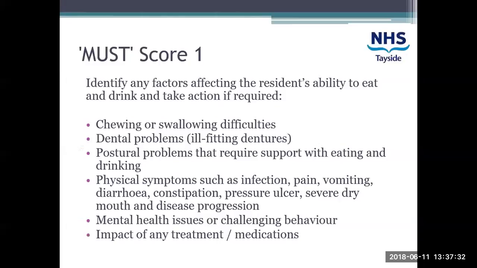Also pressure ulcers, severe dry mouth and disease progression, take these into account as well. Other factors: mental health issues or challenging behaviour, and any impact of treatment or medications. Again, these things can have an effect on someone's intake, so just bear all of these in mind.